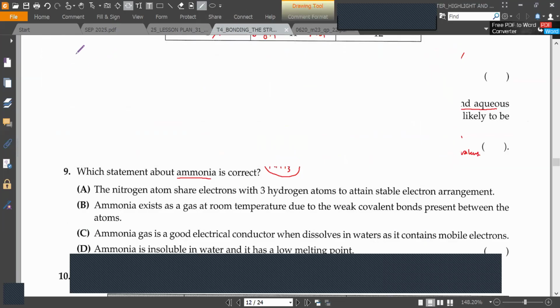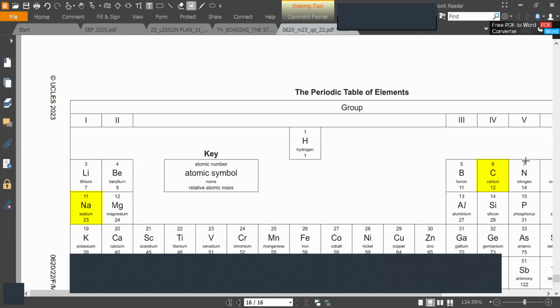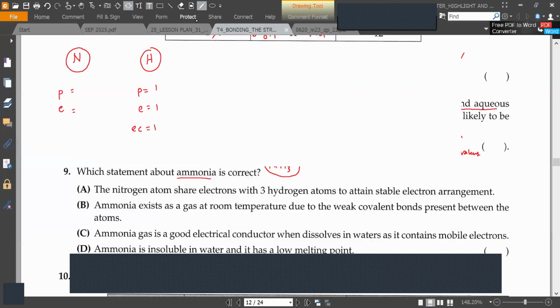Nitrogen and hydrogen: proton, electron. Hydrogen is 1, 1, and its electron configuration is 1. For nitrogen, here you can see 7 protons, so 7 protons and 7 electrons.